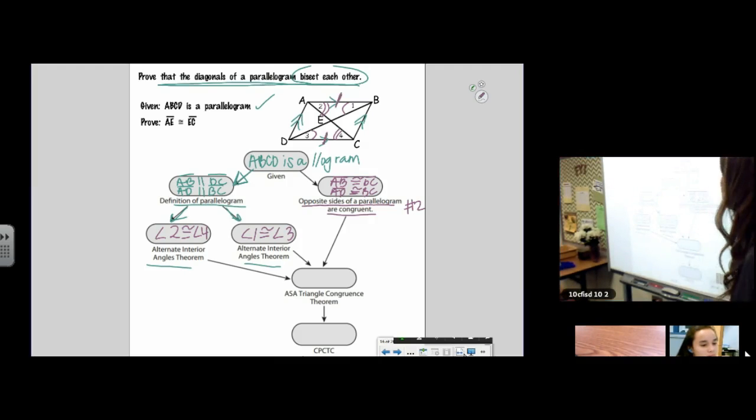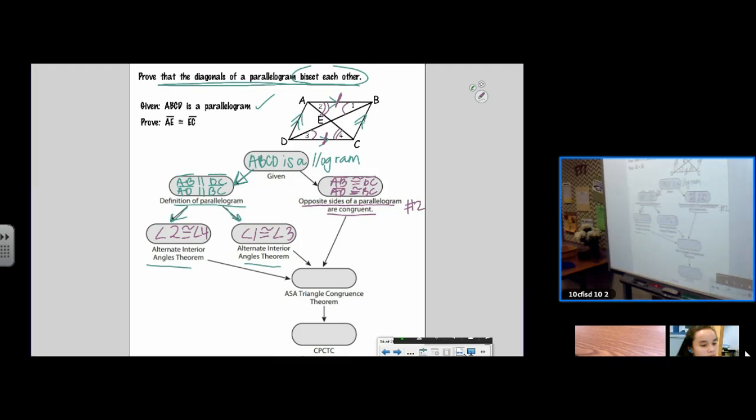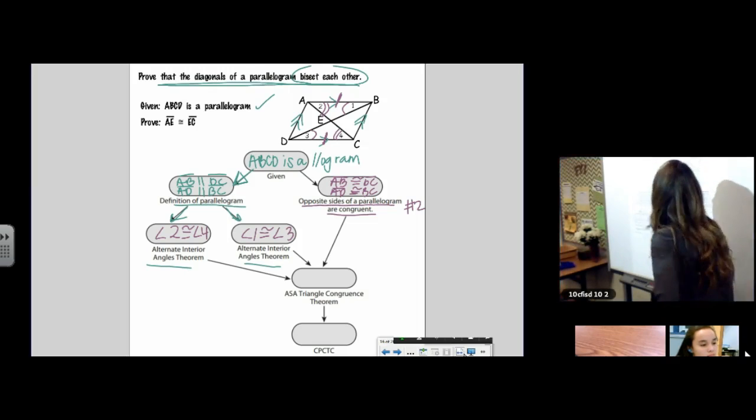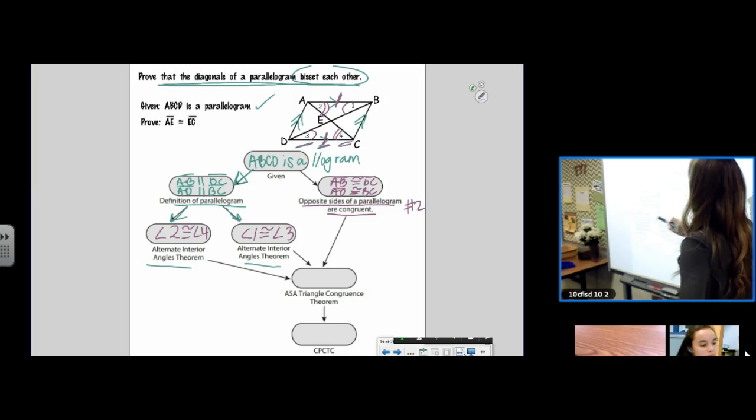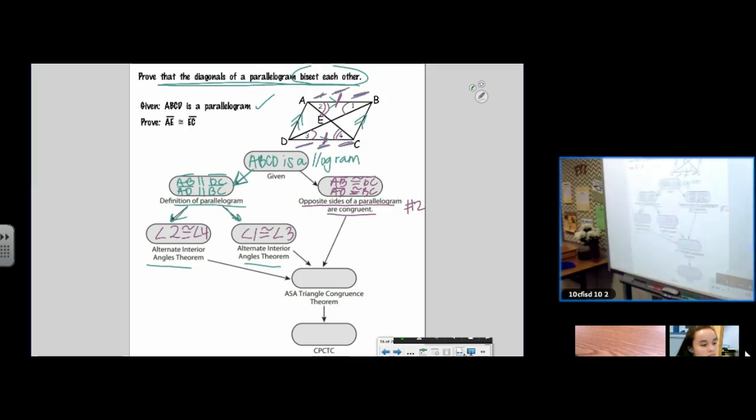Tick mark. Now we need to say something, and the reason is angle, side, angle congruence theorem. Well, look at that. Do you see it? Angle, side, angle. And look up here. Angle, side, angle. So we need to name those little bitty triangles. Let's name them.